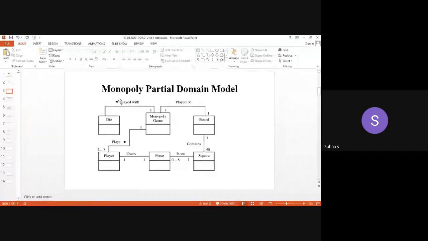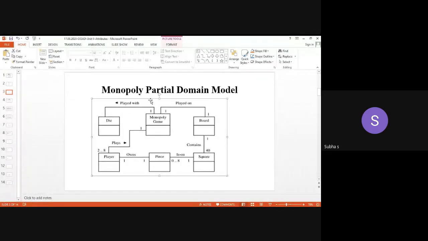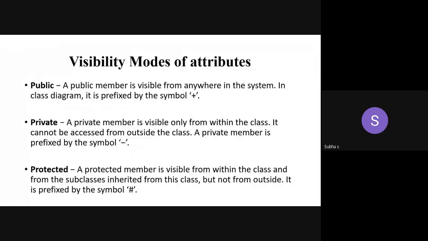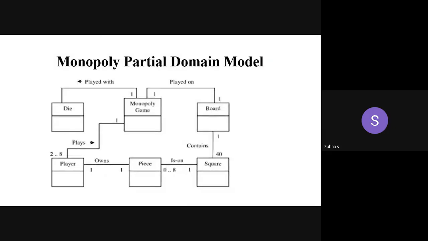So that is called navigability. Yes, this is called your navigability, because from where to where I have to move is denoted. I can't say the Monopoly game plays the player. It's not correct.